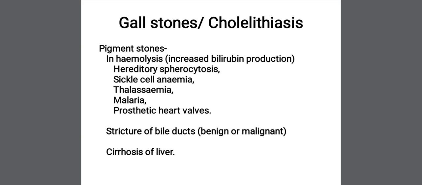Then the pigment stones. Third type of stone is pigment stone, and the etiological factors of pigment stones are these: stones are seen in patients with hemolysis, where the bilirubin production is increased.